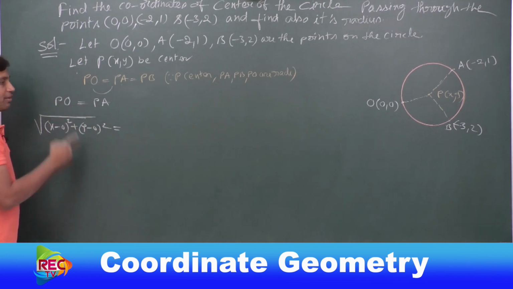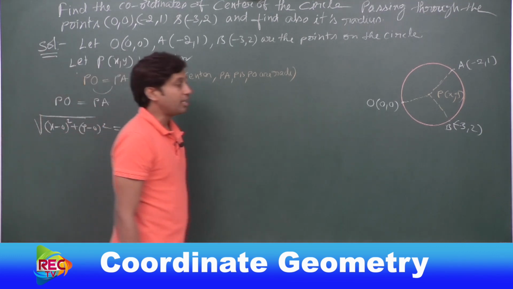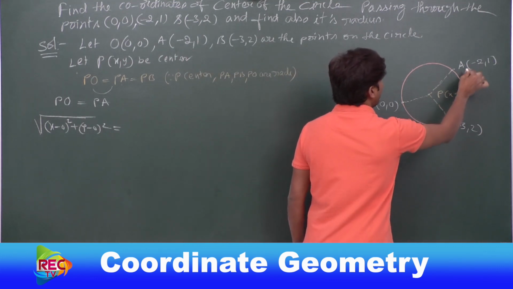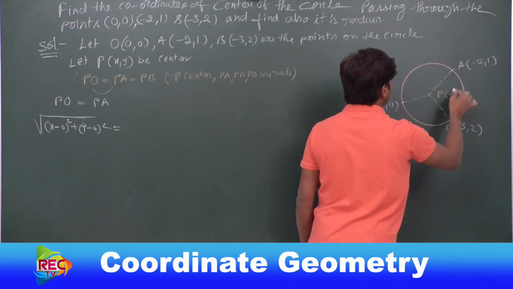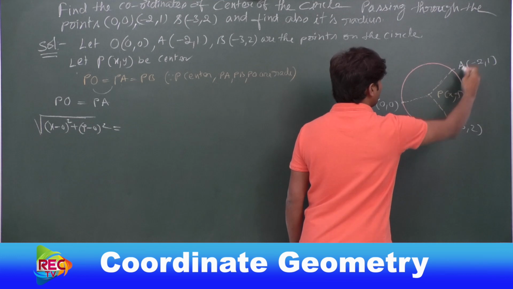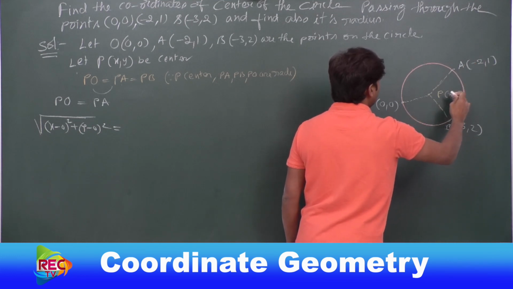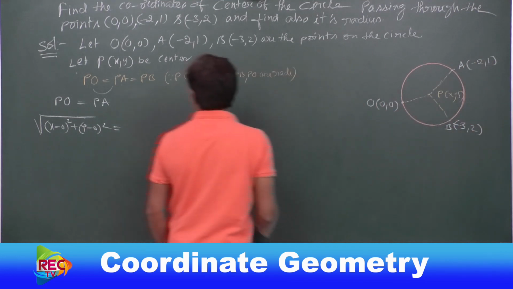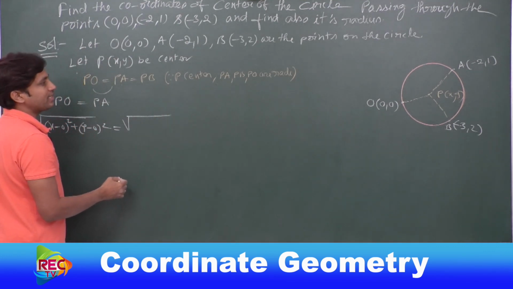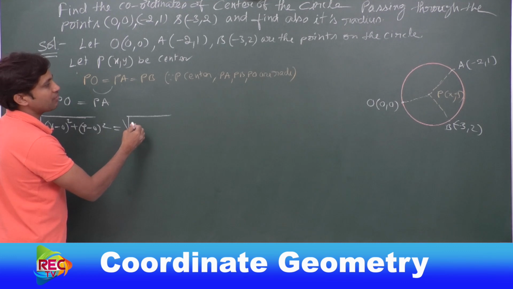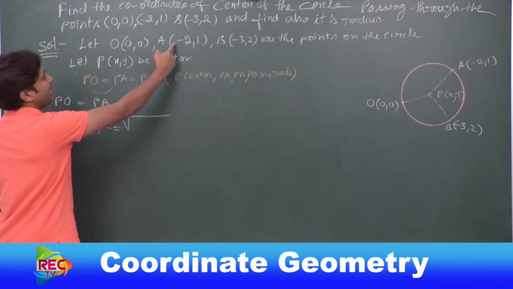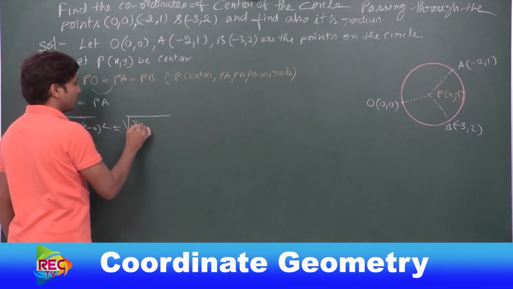Now this would be equal to PA. What is PA here? This is (x1, y1) and this is (x2, y2). What is the distance between these two? Under the square root, (x2 minus x1) whole squared. x2 minus x1 would be x minus of minus 2. See, PA, x minus of minus 2.